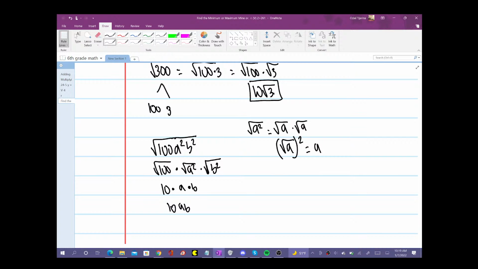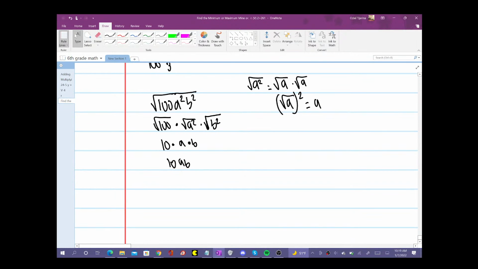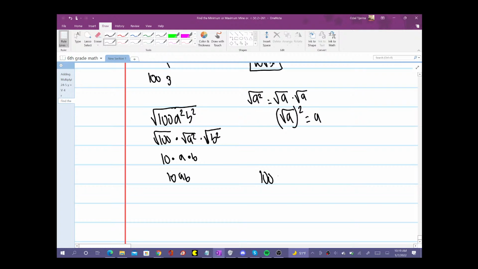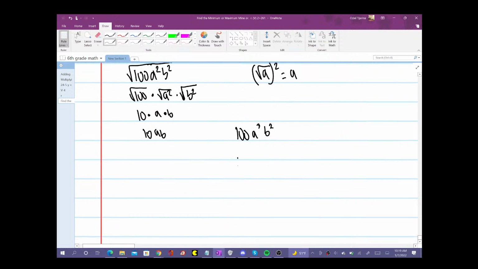Now, looking at the one that we have, what if we have 100 a cubed b squared? It's the same idea. When we do the square root, we have the square root of 100. We're going to simplify a cubed as a squared times a. And then we're going to say times the square root of b squared. This is 10. This means that we have the square root of a squared times the square root of a times b.